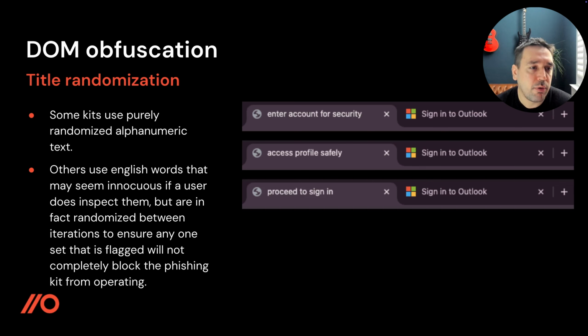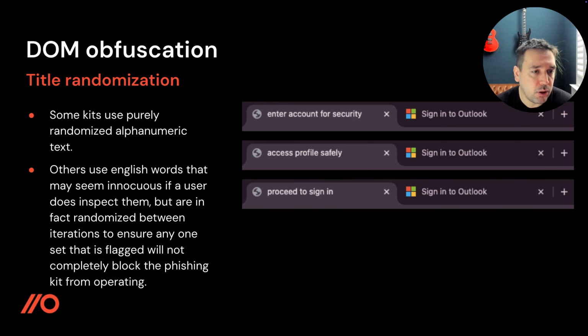So what we've seen here is that kits just randomize it. This is not something users really notice very often. If you think to yourself, how often do you notice the page title when you're looking at a page? It exists, but it's when you want to switch between tabs. You might not notice it the rest of the time. And so, to avoid easy static checks on this, a lot of kits have just randomized it.